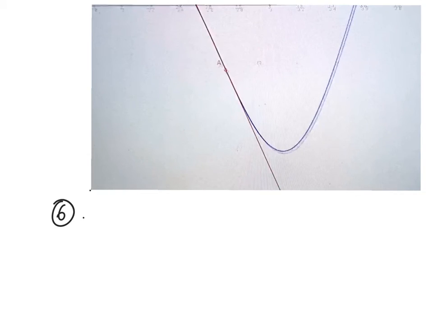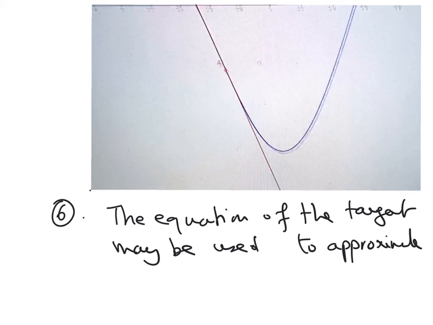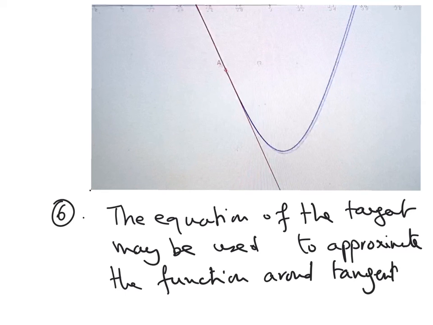And we are going to say that the equation of the tangent line may be used to approximate the function around the point of tangency, point A in our case. This is a very important characteristic of the first derivative in calculus.